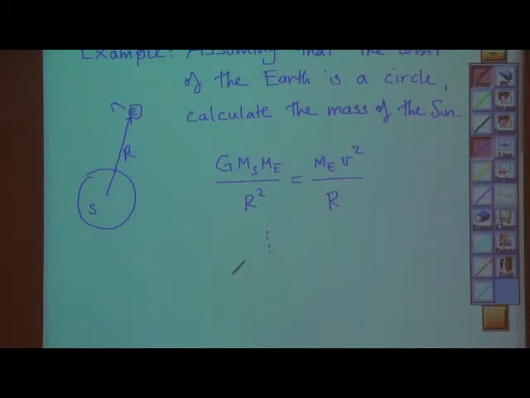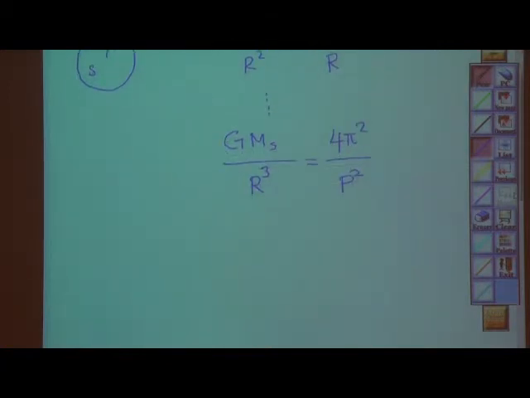So what you obtain is G M_s, because the M_e's will cancel, divided by r cubed, is 4 pi squared over P squared. Kepler's third law. From here, what we want to determine is the mass of the Sun. So we solve for it.